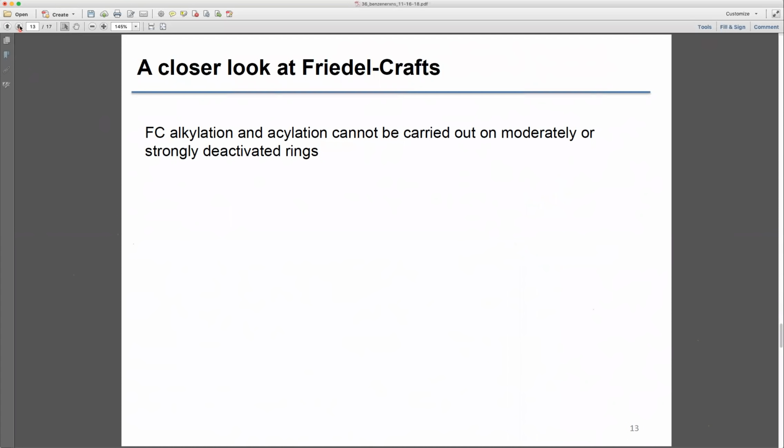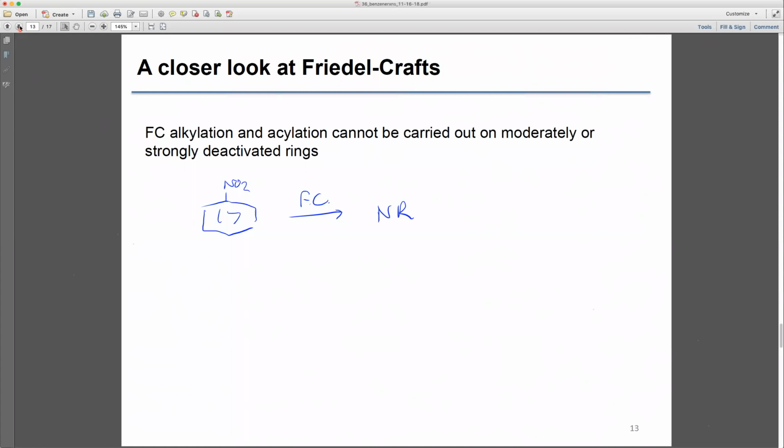Yeah, so the Friedel-Crafts alkylation and acylation cannot be carried out on moderately or strongly deactivated rings. So what this means is that we cannot take a nitrobenzene and do the Friedel-Crafts on it. There is no reaction. So this plays out in synthesis in a way. You have to pay attention to what group you add first, because the Friedel-Crafts alkylation and acylation cannot be carried out on deactivated rings.